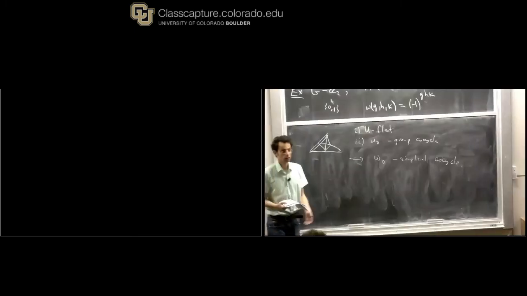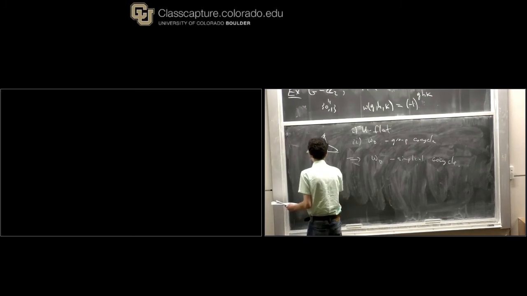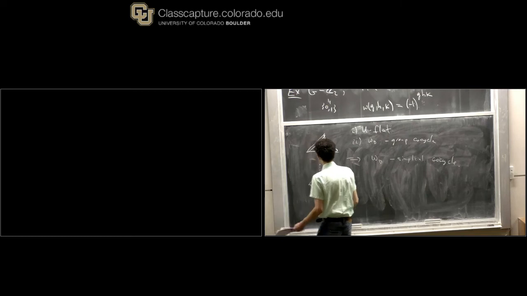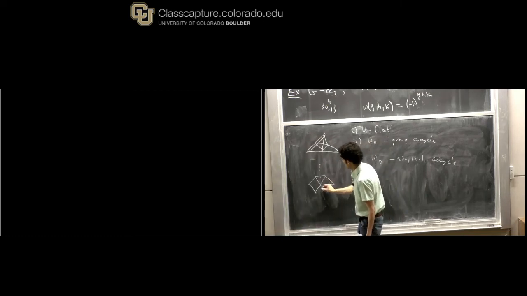Why is that useful? Well, suppose I have some U, and I make a gauge transformation, and suppose I just make a gauge transformation on a single vertex. Suppose this is vertex V, and here I make a gauge transformation with some group element G on that vertex.